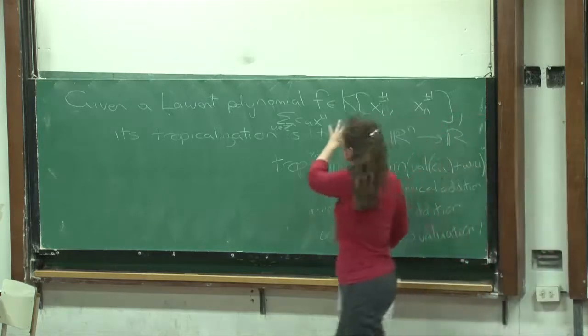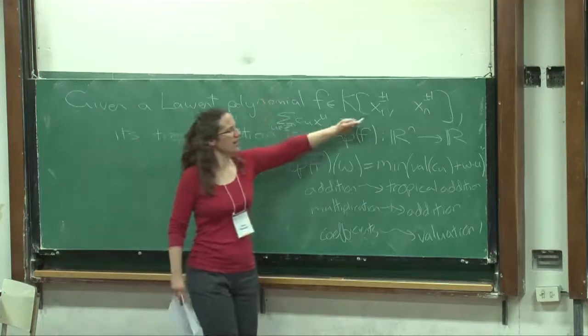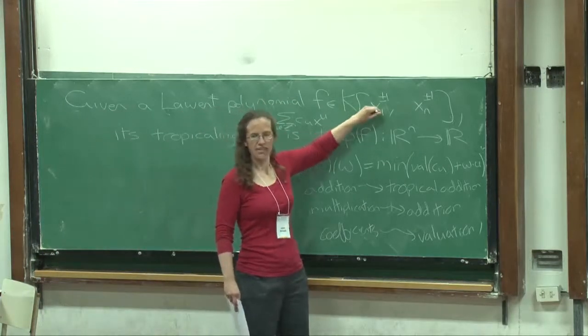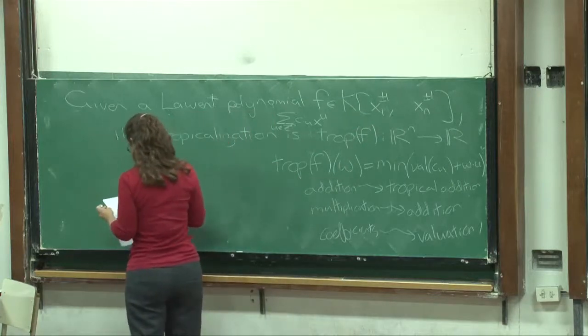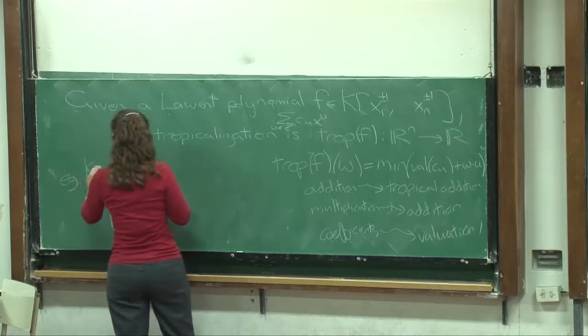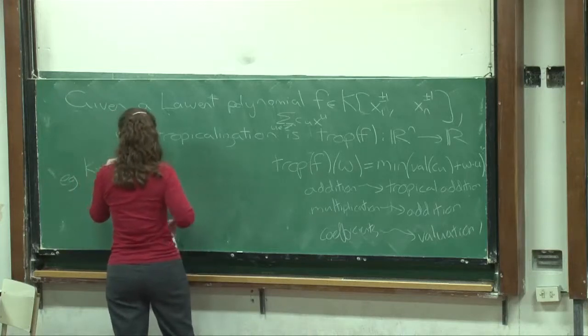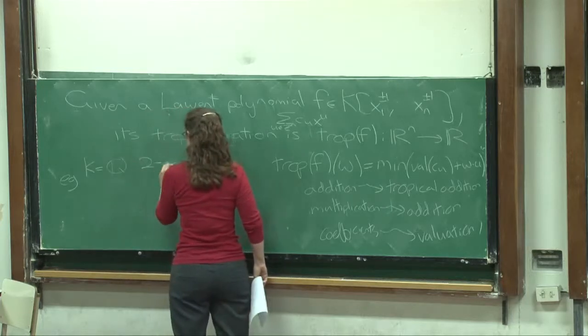So the question was about Laurent polynomials. This means it's a polynomial in x and x inverse. Maybe it's easier if I write down an example. Let's say K is Q, and I take the 2-adic valuation.